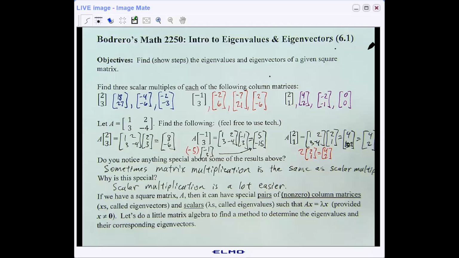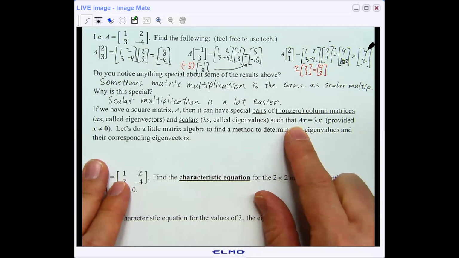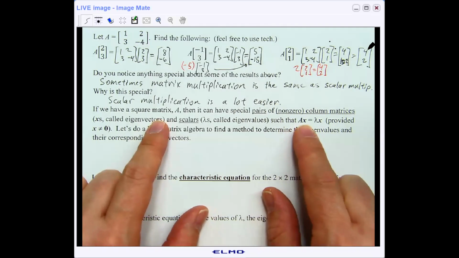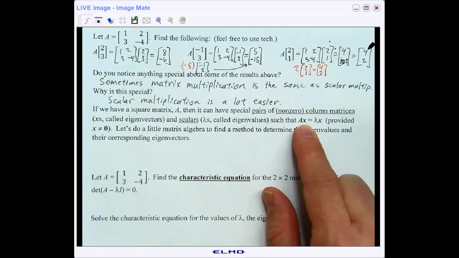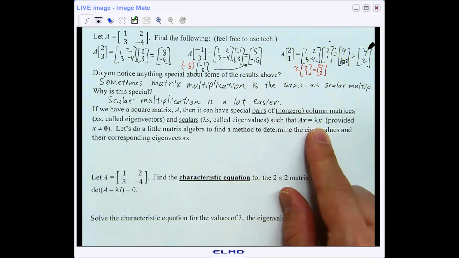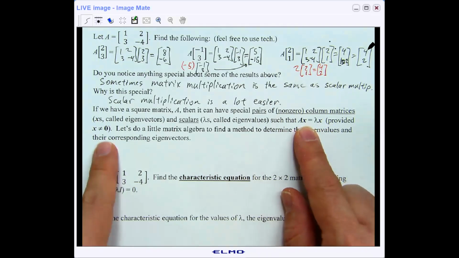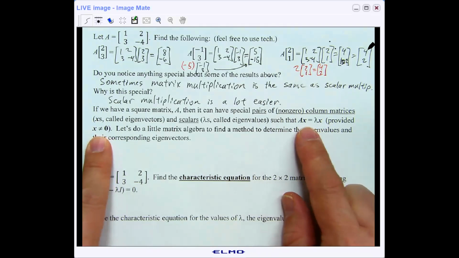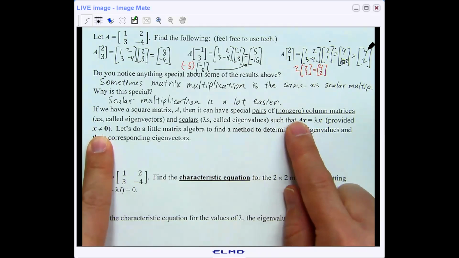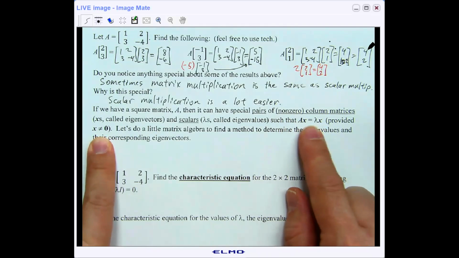So again, why is this so important? We want to find the situation: if we have a square matrix A, what column vectors can I multiply by and simply have a scalar multiplication of the starting column matrix? The one caveat is that the column vector can't be 0, because if I multiply a matrix by the 0 column matrix, I will always get 0. So this x vector, called the eigenvector, can't be 0.